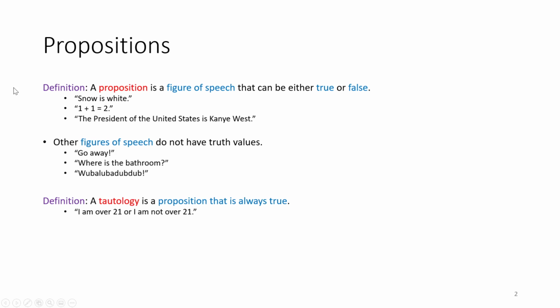What about 1 plus 1 equals 2? This is one you might want to ask yourself. Is this one that could be false? There's really two answers to this. If your answer is no, this can never be false, then I think what you're thinking to yourself is this expresses a truth about math.